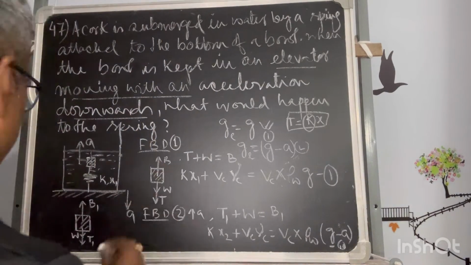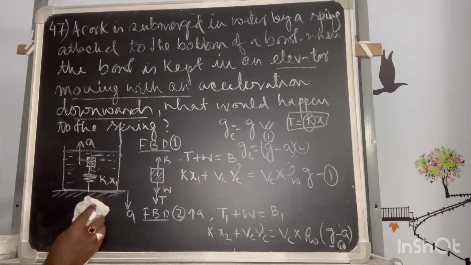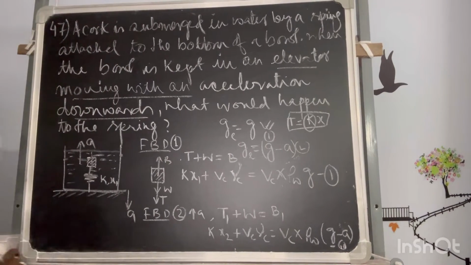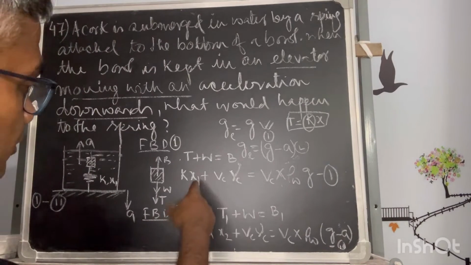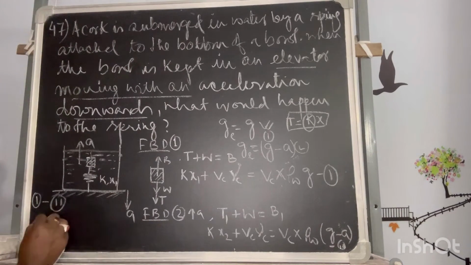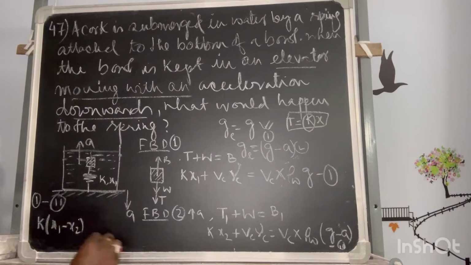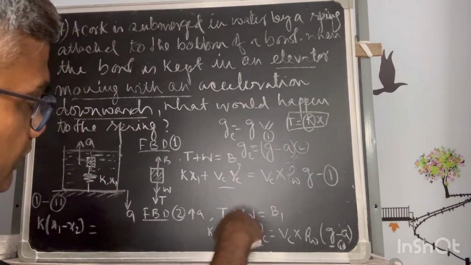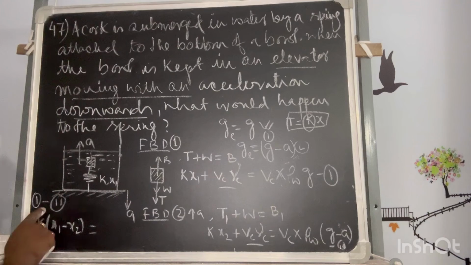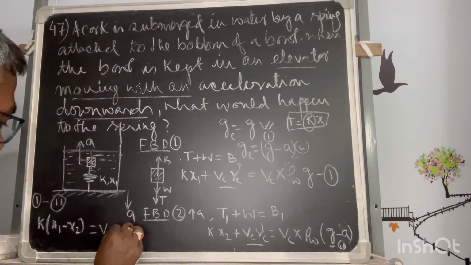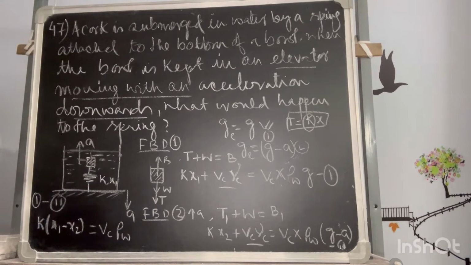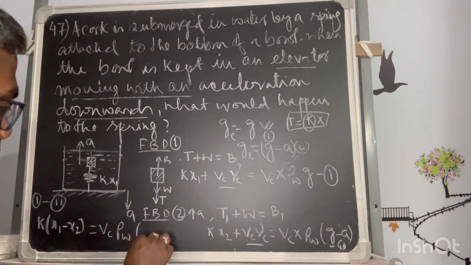If I deduct, 1 minus 2, I have to take some part of the board, so I will rub it out. What will remain? K into x1 minus x2. This part is the same, so it will go out of the equation when I do 1 minus 2. And this is Vc, and W is common, so I will take it common. Rho W means density of water, and this will become g.